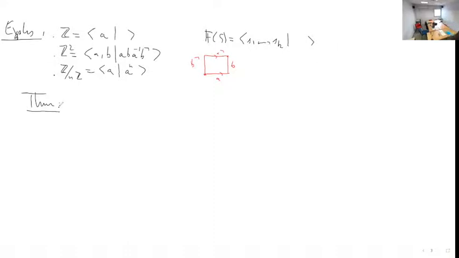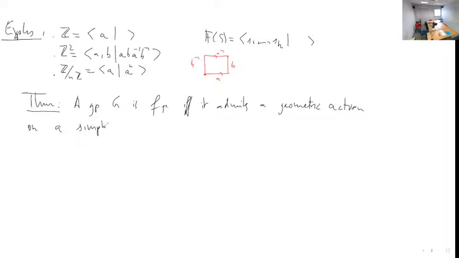So a group G is finitely presented if and only if it admits a geometric action on a simply connected geodesic and proper metric space.